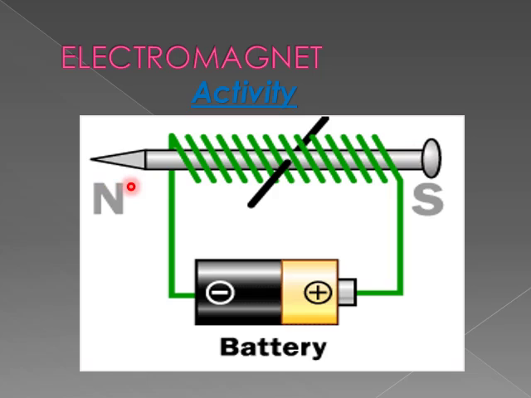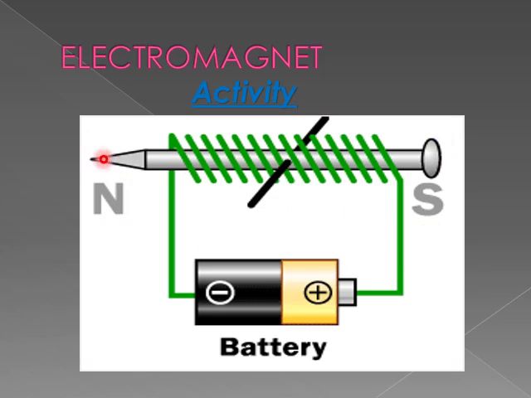There are two poles of the iron nail magnet: one is the north pole and the second is the south pole. When the current is passed through the coil, the iron nail becomes a magnet having two poles.